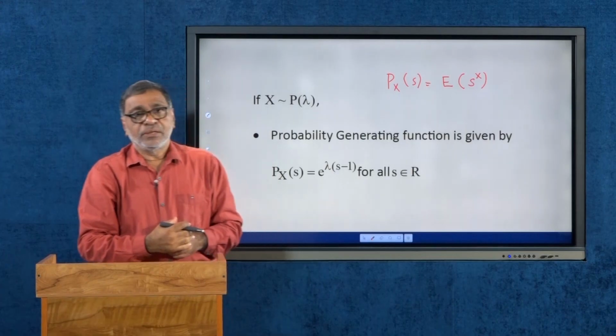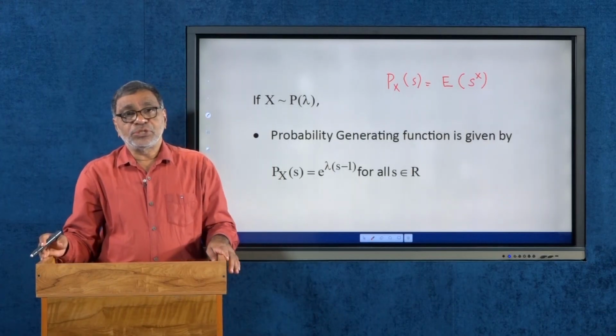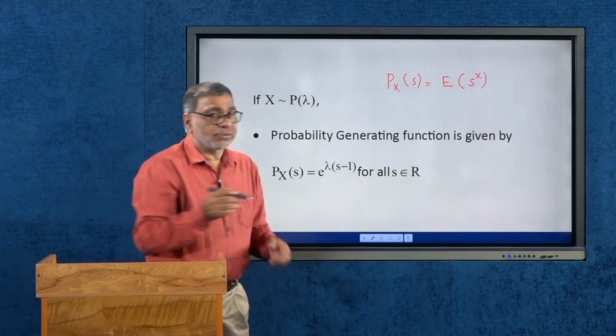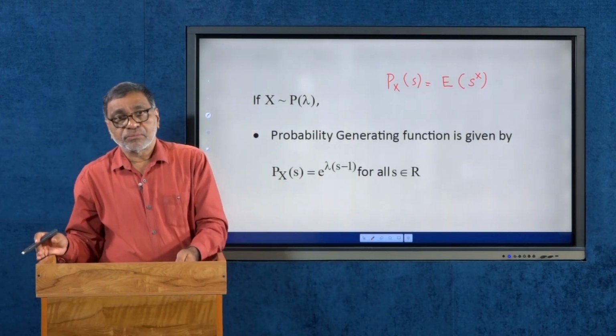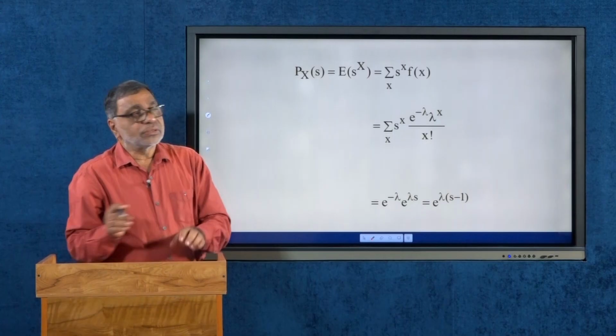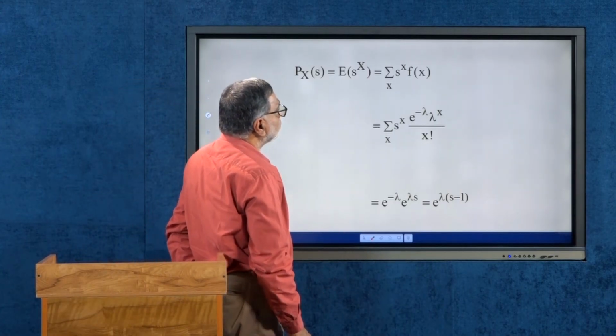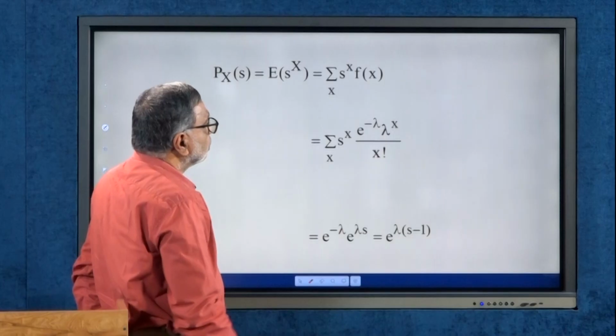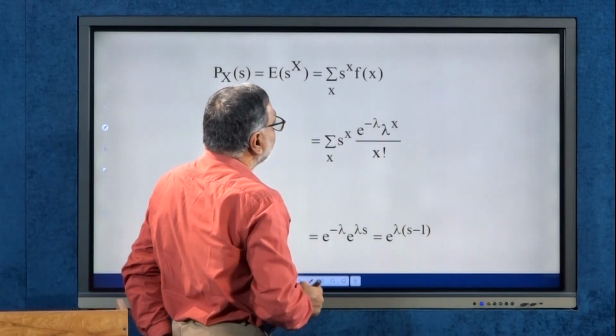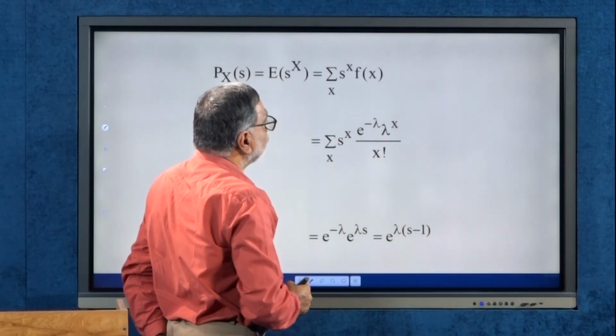For the Poisson distribution, the probability generating function is derived as follows. P_x(s) is equal to the expectation of s power x, and that is the sum over x of s power x f(x).